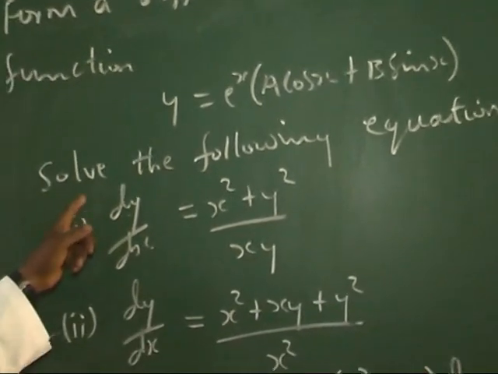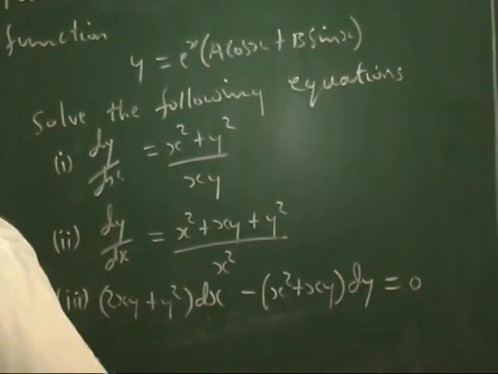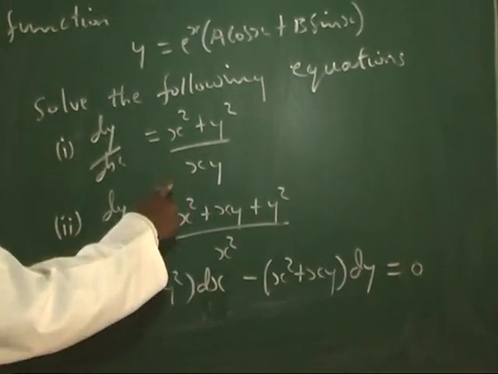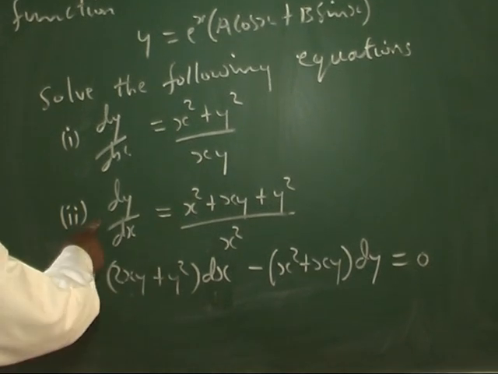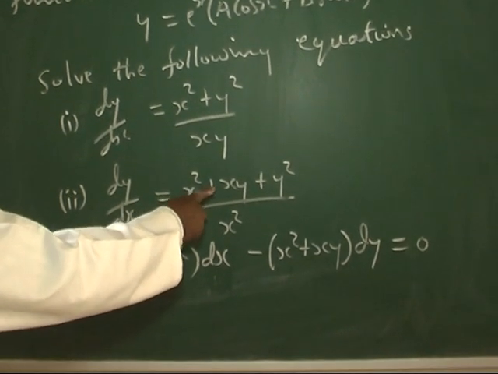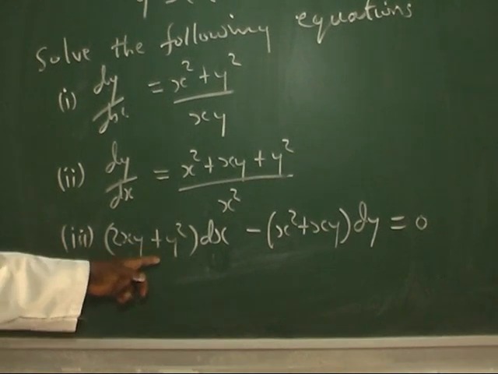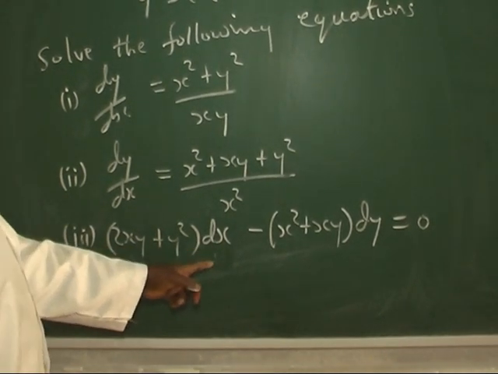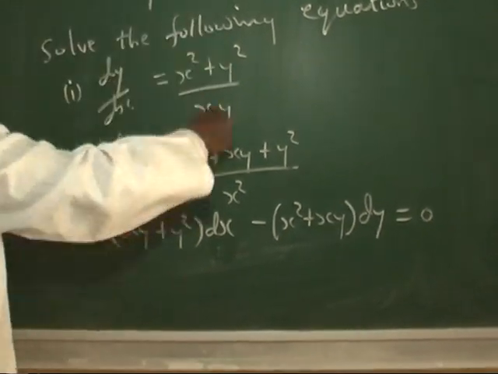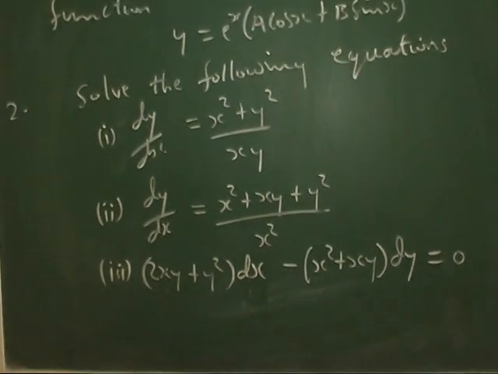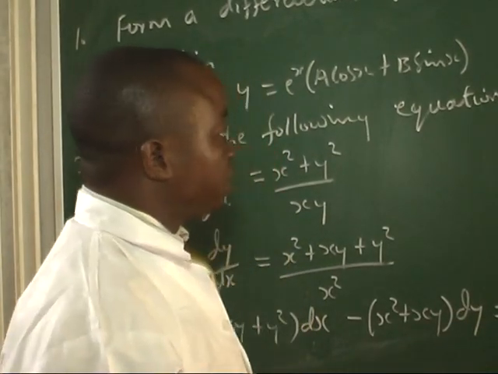Number 2, solve the following equations: dy/dx is equal to (x squared plus y squared) all over xy; dy/dx is equal to (x squared plus xy plus y squared) all over x squared; and 3, we have (2xy plus y squared) dx minus (x squared plus xy) dy is equal to 0. So these are the exercises that we are going to try by yourself from what we have learned, so you can do it very easily.